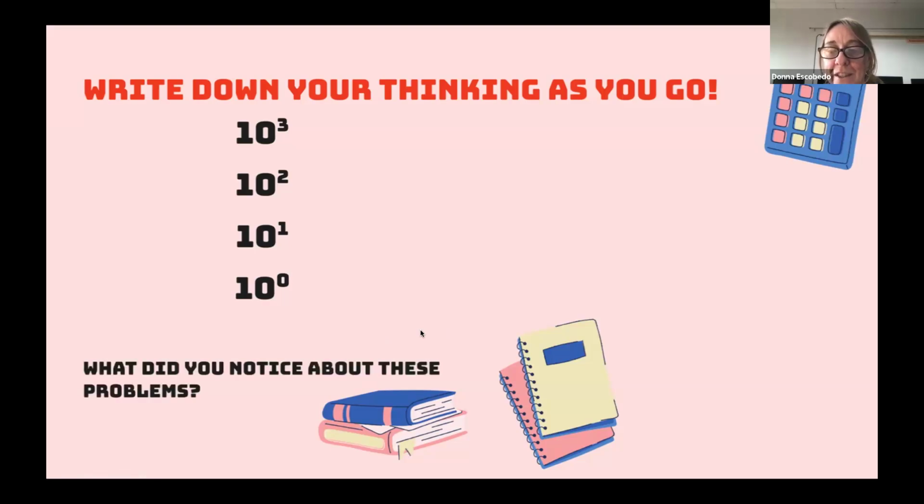One less zero each time. So everyone can join, even people that don't think of themselves as math people. I think everyone's a math person. They just don't know it yet. Anything about the operation that was going on with that? Powers decreasing. Good.